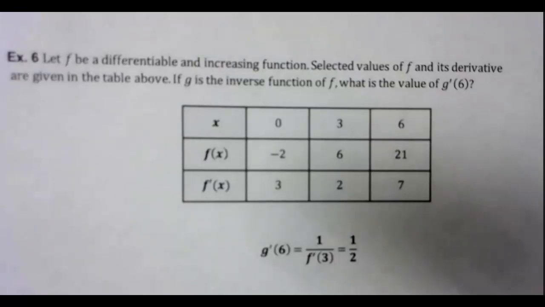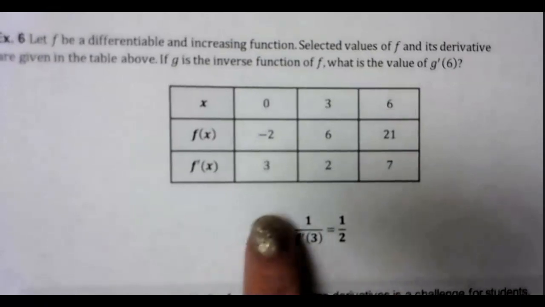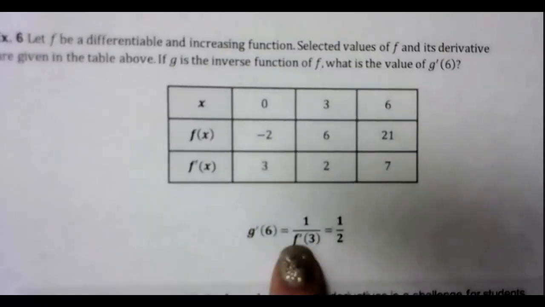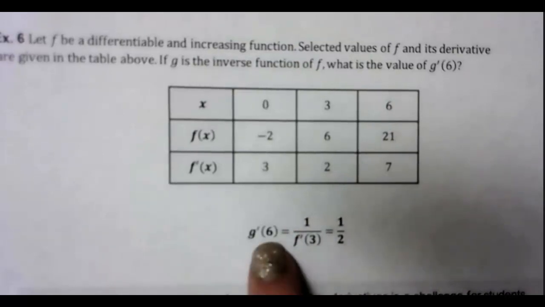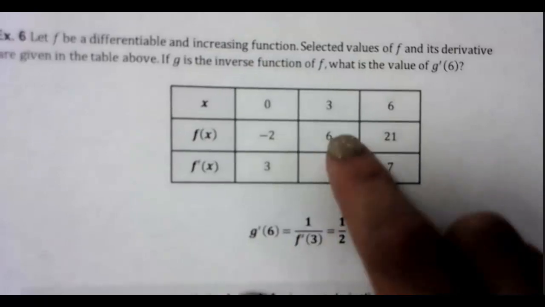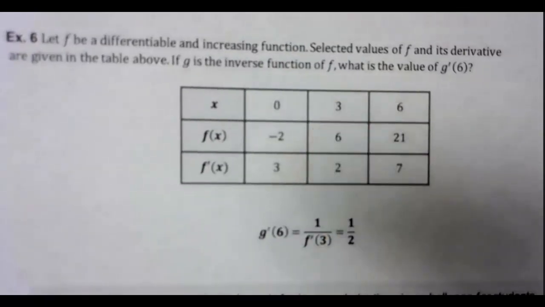If g is the inverse of f, what is the value of g prime of 6? So again, you want to follow that same idea. g prime of 6 is equal to 1 over f prime of 3, because if you go to the original function at 6, it's 3. And again, that 6 is the y.